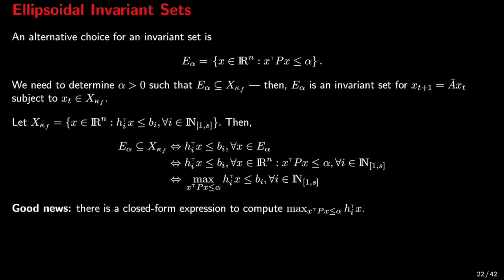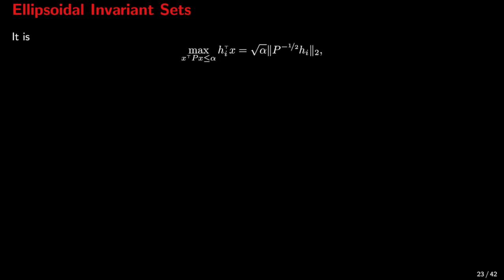The good news here is that there is a closed form expression to compute this maximum. Previously, when it came to polytopes, that was a linear program, and we said that we can solve it using software. But now there is really a closed form expression to compute this maximum, given by this equation over here.